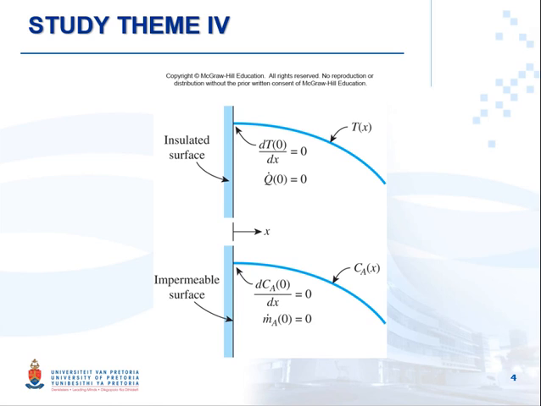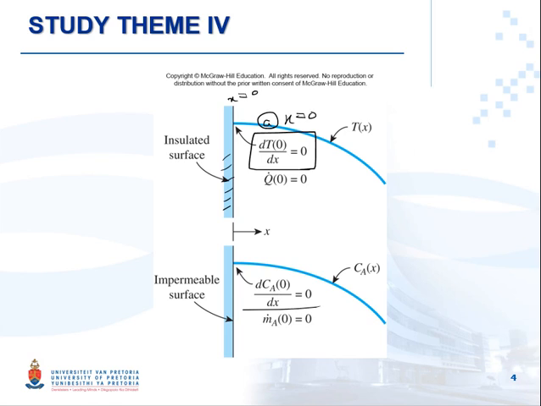If we have an insulated surface in terms of heat transfer, the boundary condition will be this one: the temperature gradient on the surface, at x equal to 0, is equal to 0. So if we use the same mentality, we will have the same.